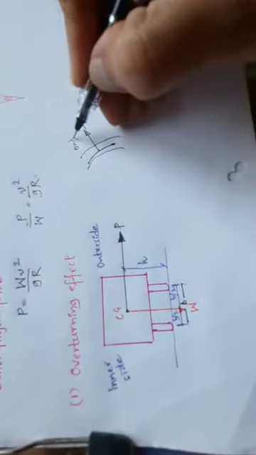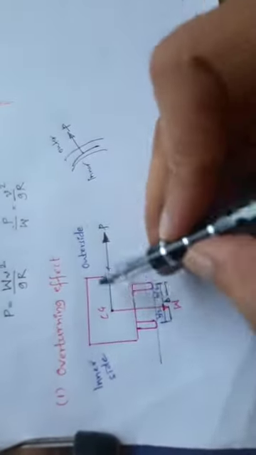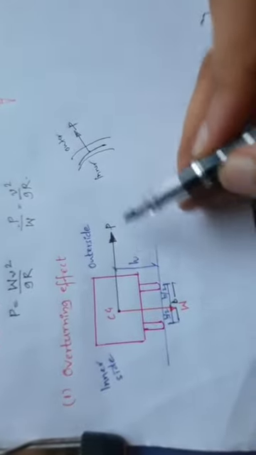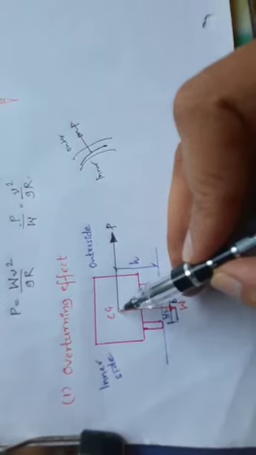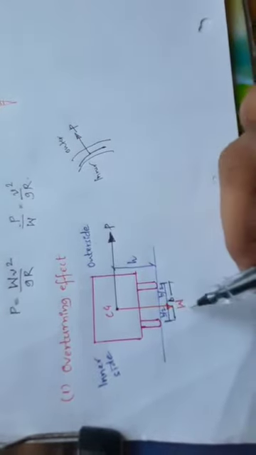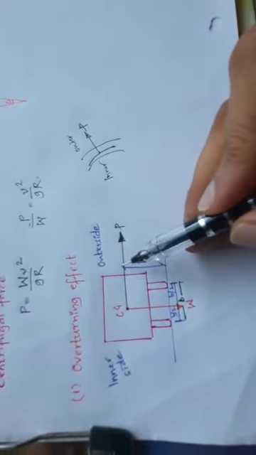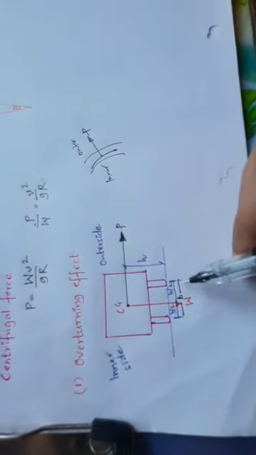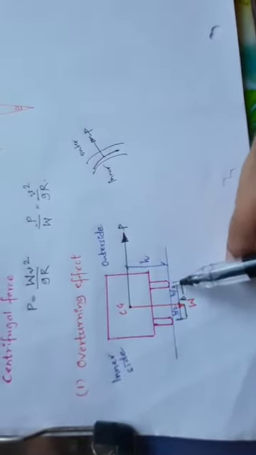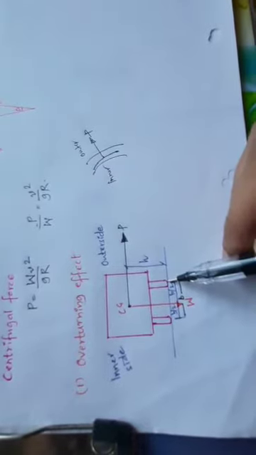I have drawn the vehicle here, which has the centrifugal force P and its own weight W acting downward from the CG. The CG of the vehicle is at a height h from the road surface, and B is the distance between the two wheels, or the wheel path, as we call it. Clear?